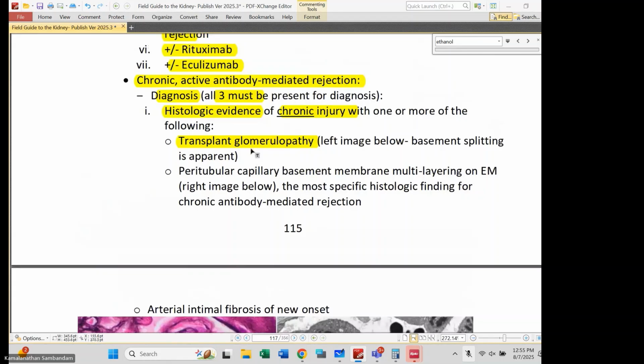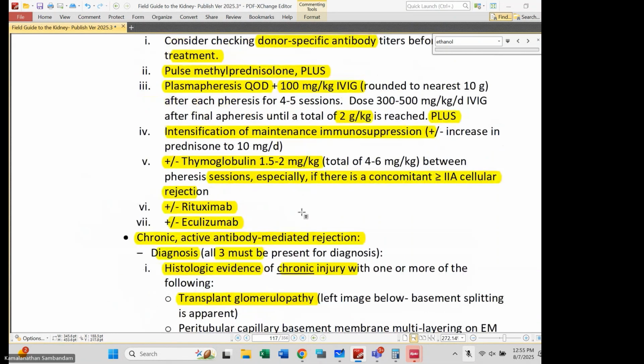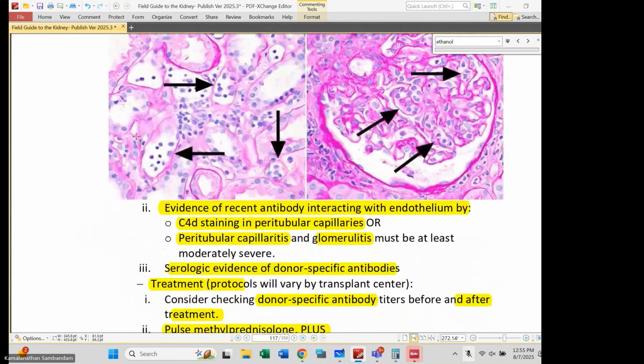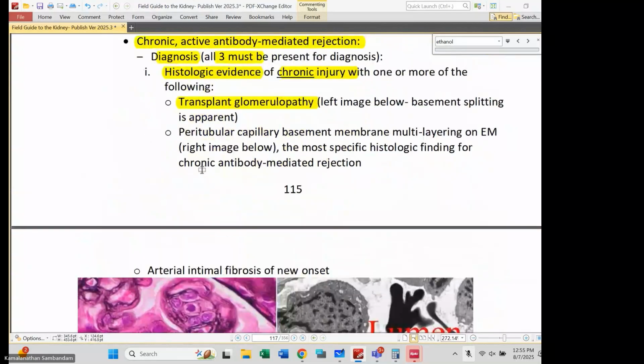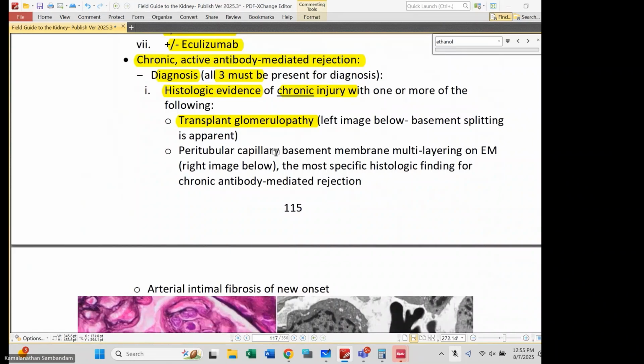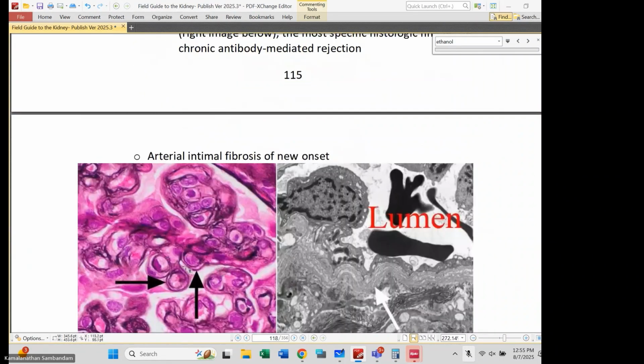Okay. So transplant glomerulopathy. Remember, AMR is often, you have peritubular capillaritis. That's showing you that there's an immunologic response to the endothelium, right? So again, you can envision that results in a disordered glomerular basement membrane, okay, that is manifest by splitting. Thrombotic microangiopathy, right? A lot of endothelial injury. In the chronic phase, you can see this GBM splitting.